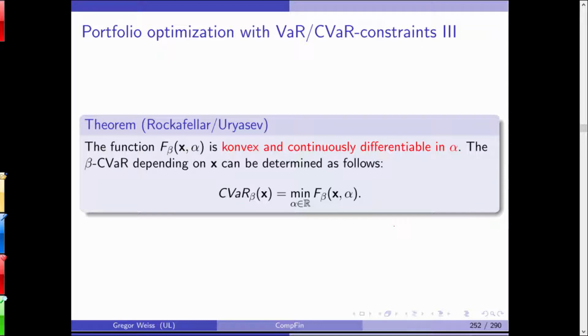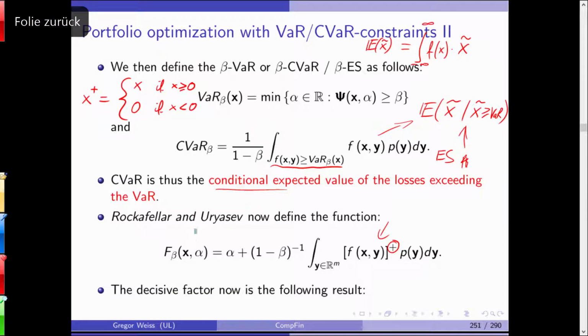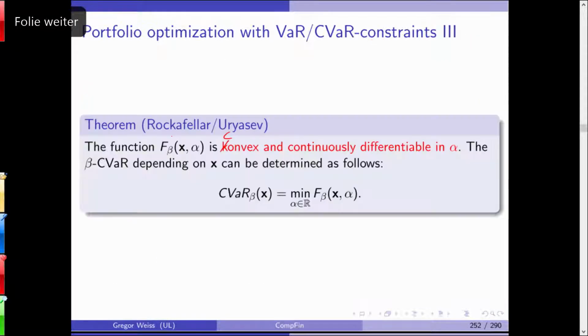We can see, actually, that this function F is convex, and it's continuously differentiable in alpha, and the beta conditional VaR, so for example the 5%, the 10%, the 1% conditional VaR, depending on x, simply is the minimum of this function F. So if we take this function and we minimize it, we get the beta CVaR for this function.